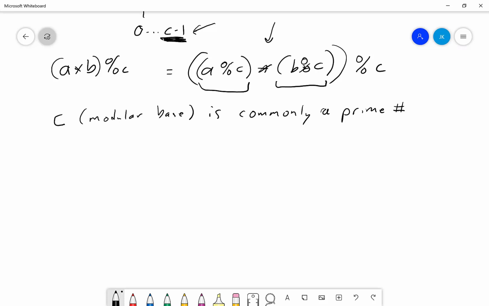In case you forgot, relatively prime means the two numbers have no common factor between them. So even if they're not individually prime numbers, if there's no common factor between them, you would say they're relatively prime. It's common to pick bases that are prime numbers because that makes it easier to avoid problems.